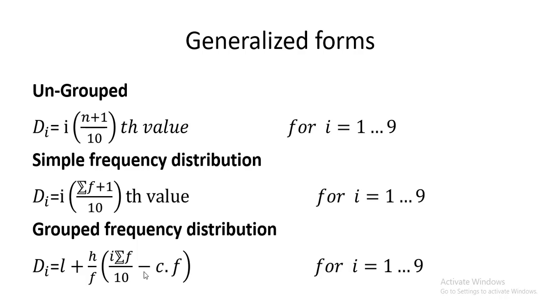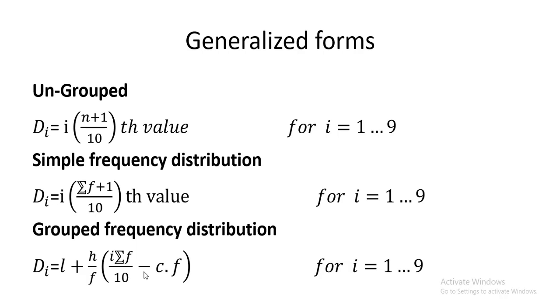So we can say that the median is equal to the second quartile value and the fifth decile value, for all three cases, for all three types of data.